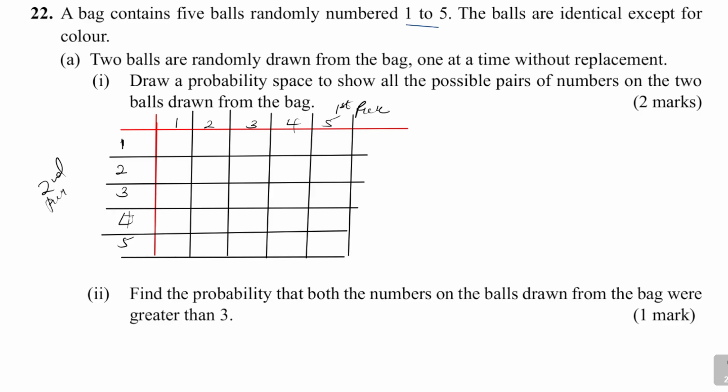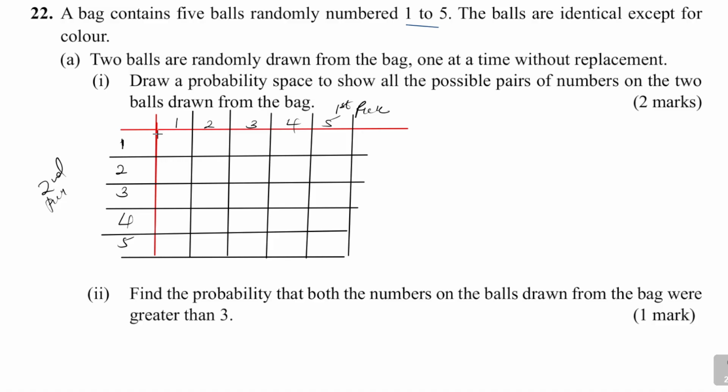So that is the first thing you're going to do. So the first pick is represented on this row, then this column here, second pick. So there are those ones that we are not going to consider.